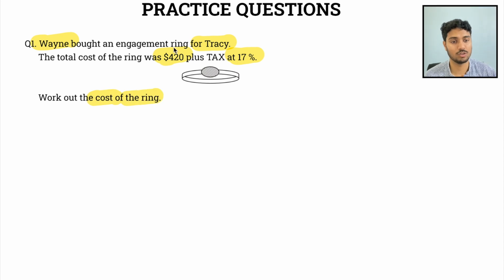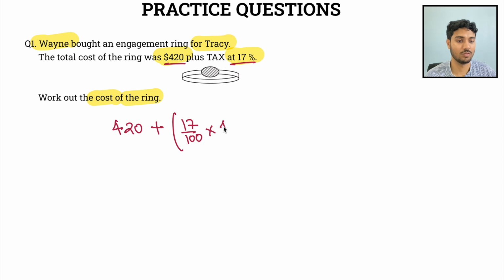The cost of the ring, so the price is 420 and there's additional tax of 17%. That means we have to do 420 plus additional 17% of 420.